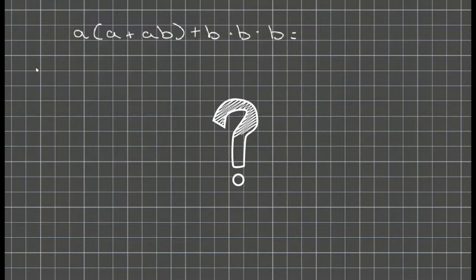And so what if we combine this with multiplying our brackets? So let's try and solve this. a times (a plus ab) plus b times b times b. Well, what's the first thing we need to do? We need to get rid of the brackets. Well, I can't add these two because I have an a and an ab.